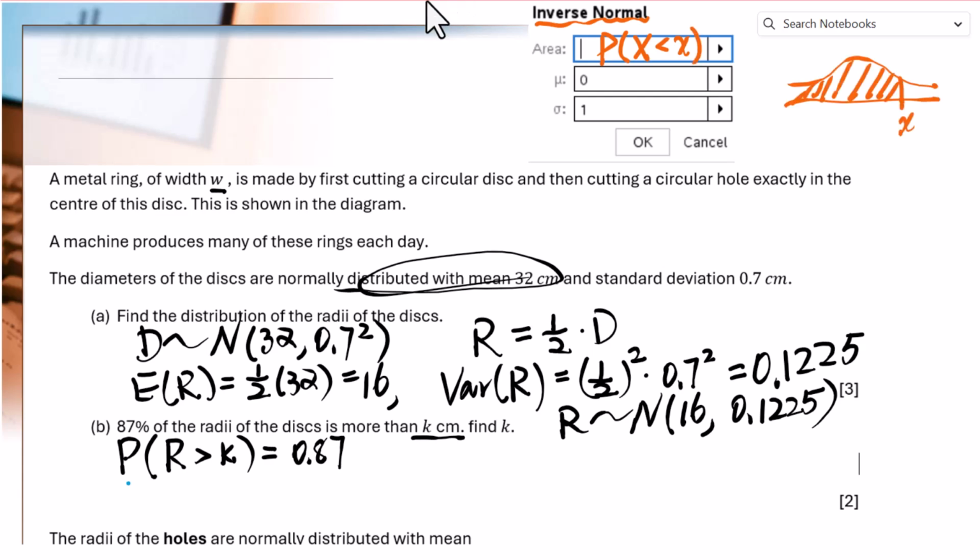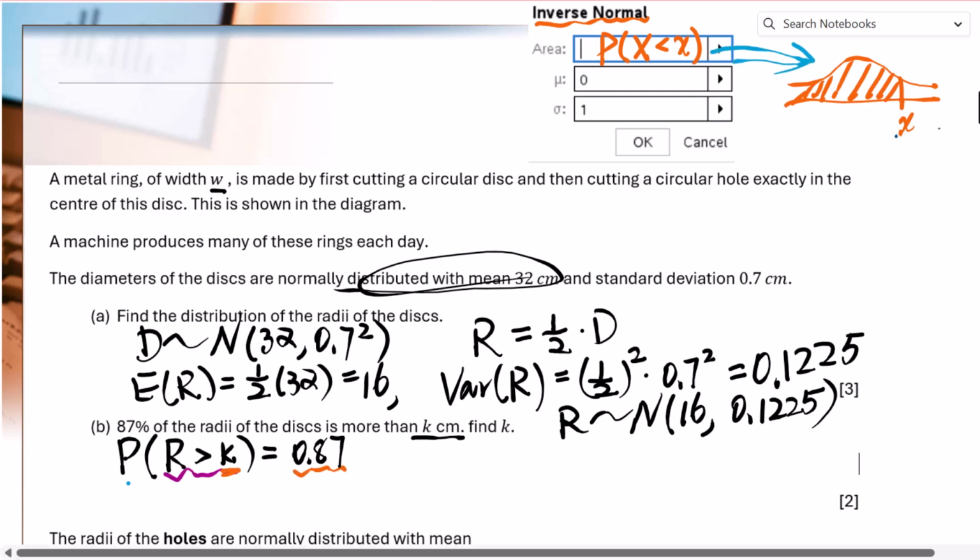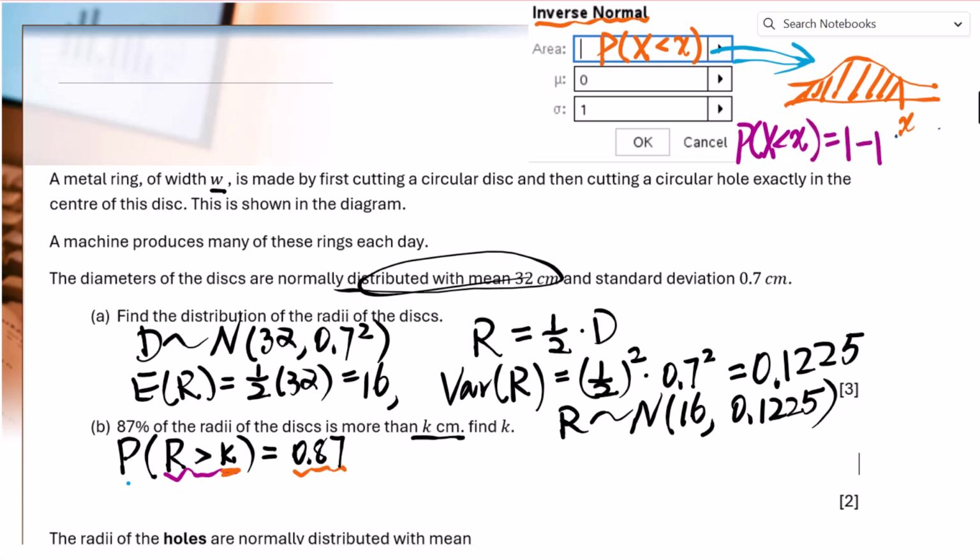We know for continuous distribution, the area under the curve is the probability. In other words, probability of x less than x equals 1 minus probability of x greater than x.